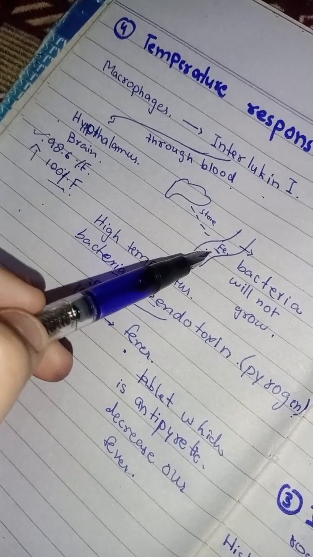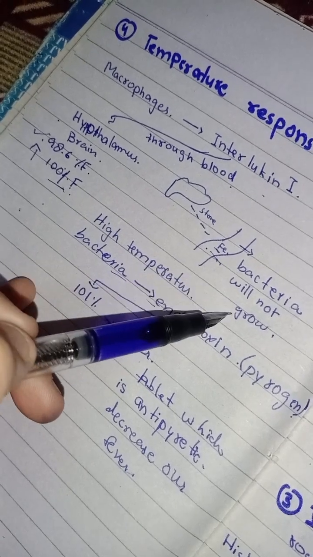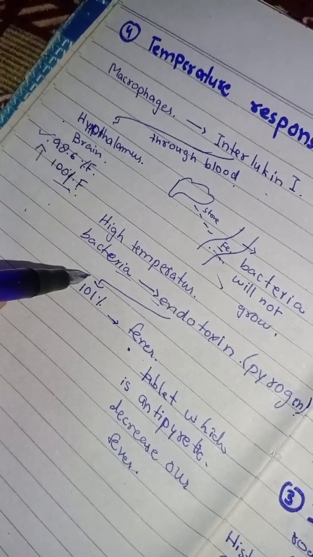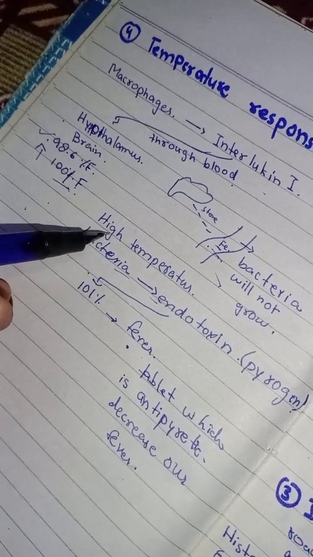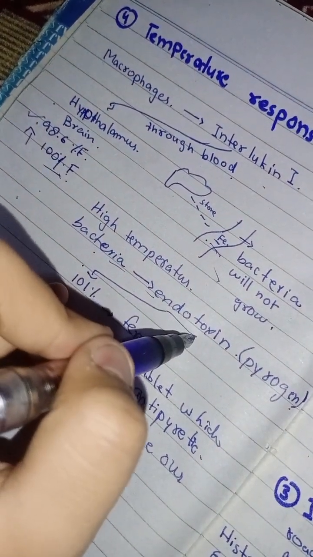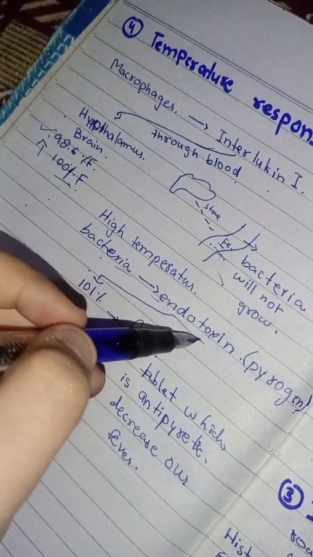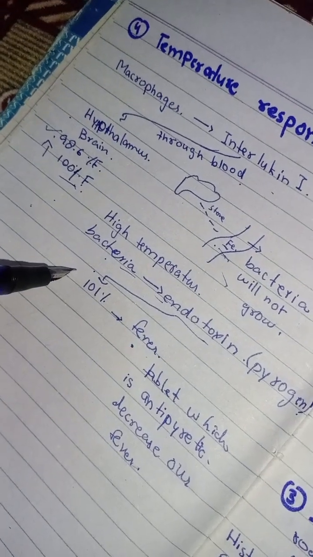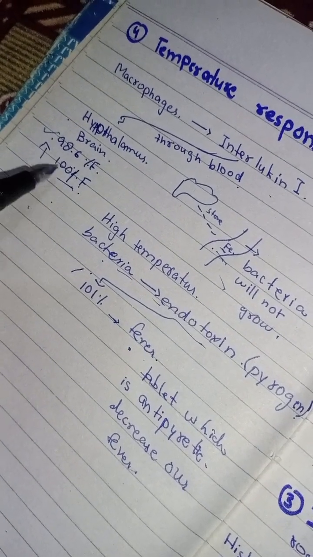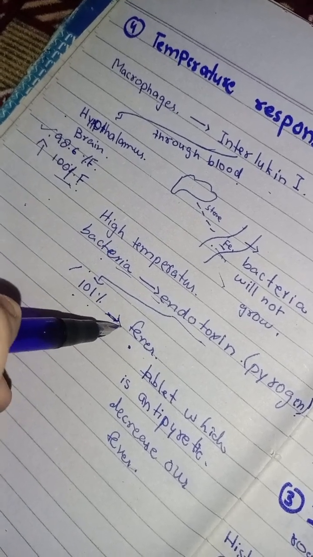So this is the positive step: there will be a deficiency of iron, so bacteria will not grow. Now the negative aspect is that if we have high temperature, bacteria will release a chemical known as endotoxin or pyrogen. This will again move into the hypothalamus and increase the temperature up to 101, so it may cause fever.